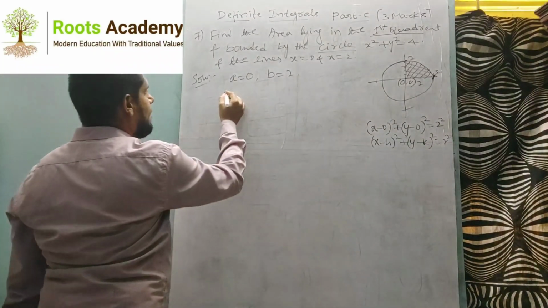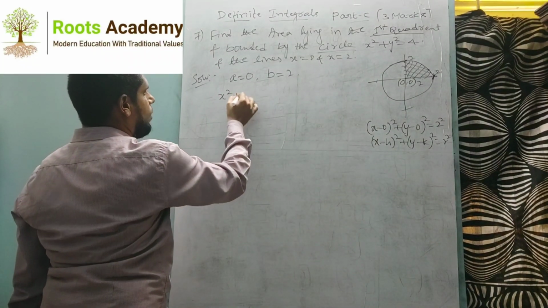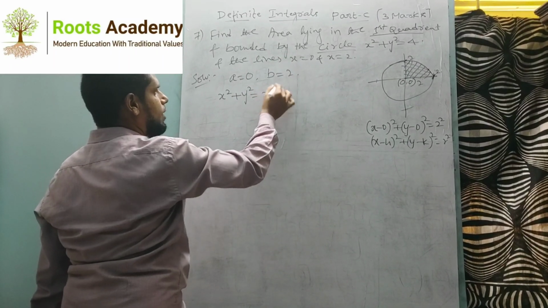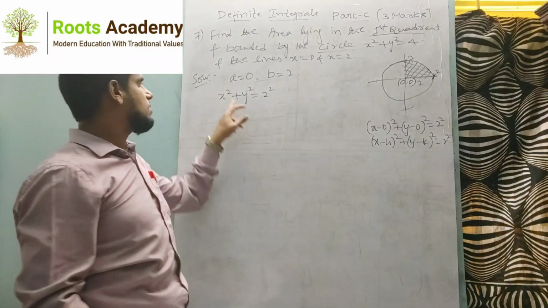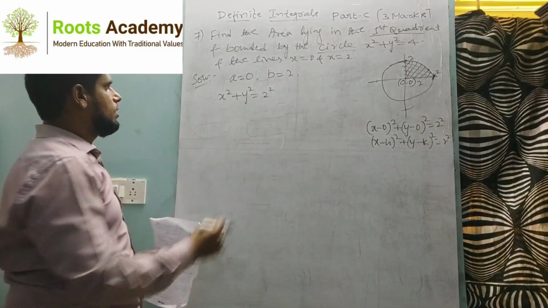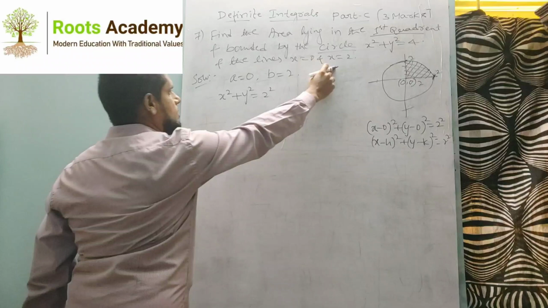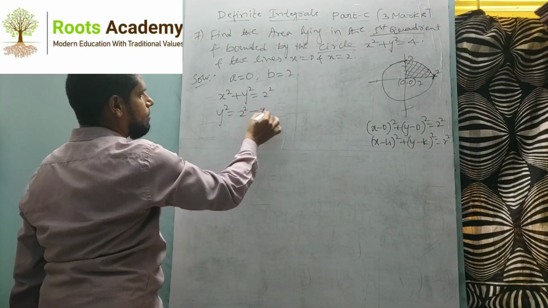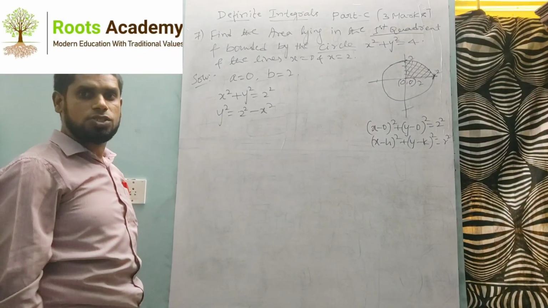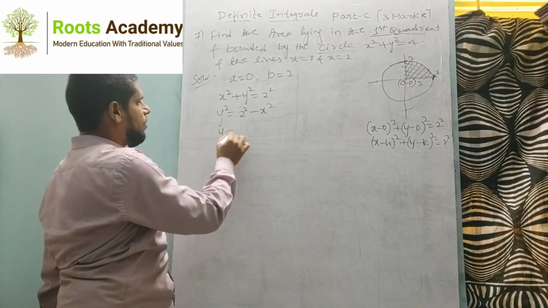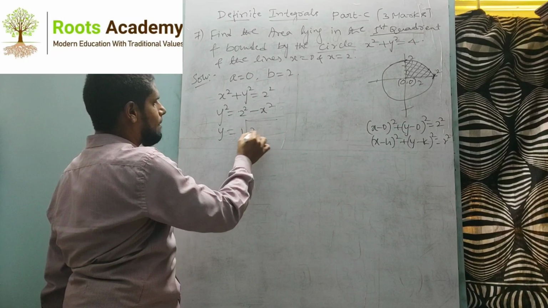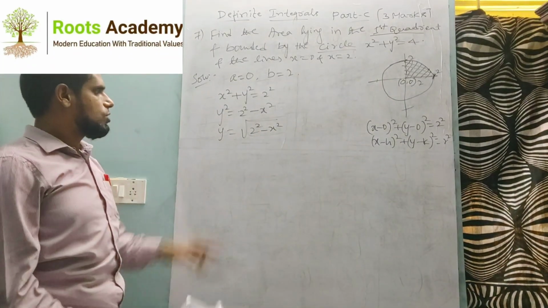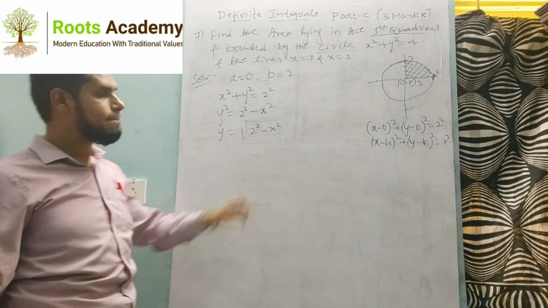Then x square plus y square is equals to 2 square, because it is the equation of the circle passing through origin. Since it is on the x-axis, I should find the y value. Y square is equals to 2 square minus x square. So finally y is equal to root of 2 square minus x square. Student, this is the value of y.